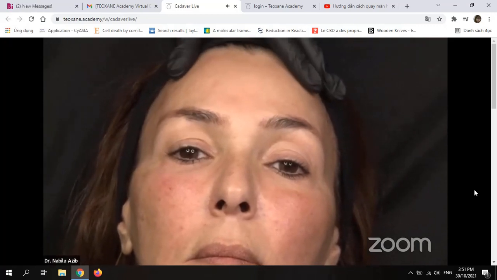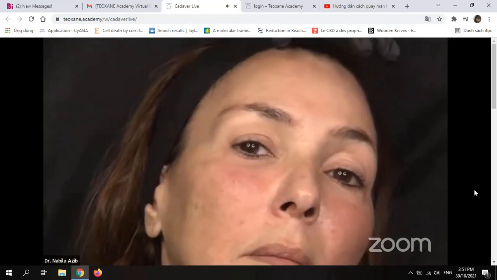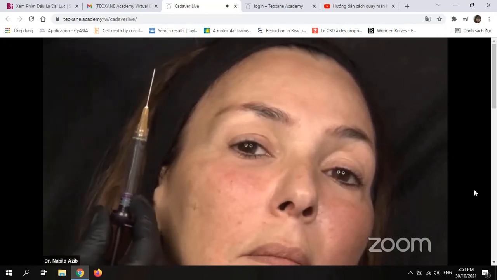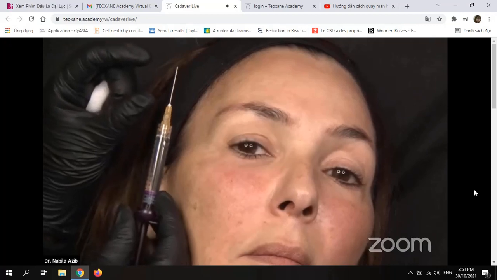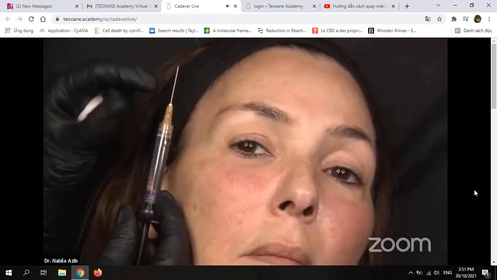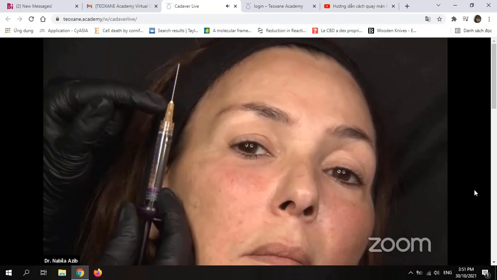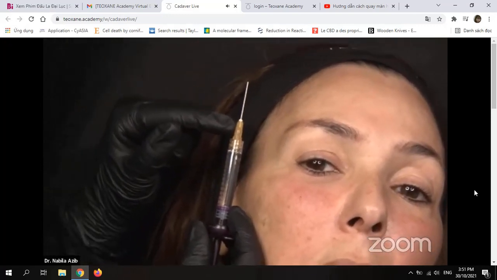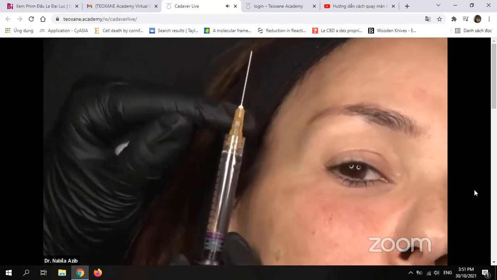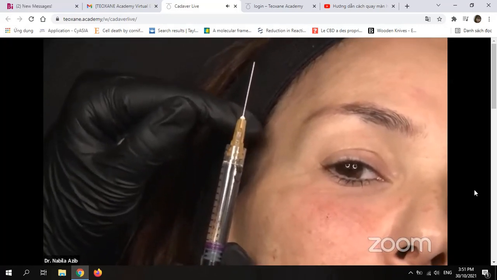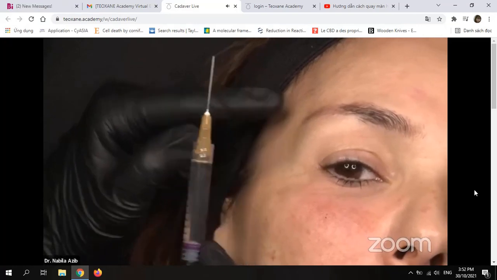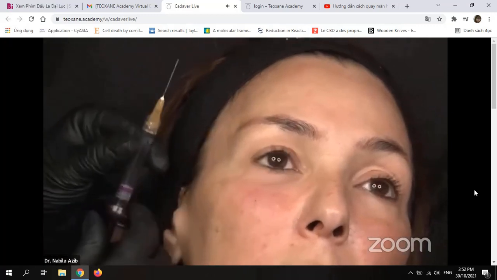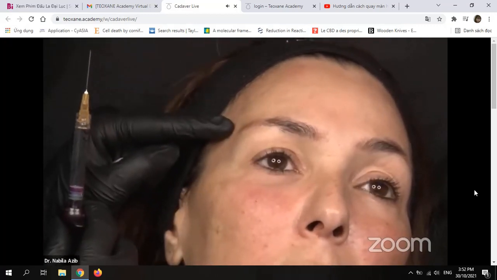Yes, we need to fill it, and I like the technique that Patrick described in 2010, the gunshot technique, and he described it with a long needle. This is the needle that you can find in Teosyal Ultra Deep Blister. It has a 25 millimeter length, so it's very important because as Patrick showed you, you have not only the superficial temporal arteries here, but also the deep temporal arteries that are running inside the muscle.